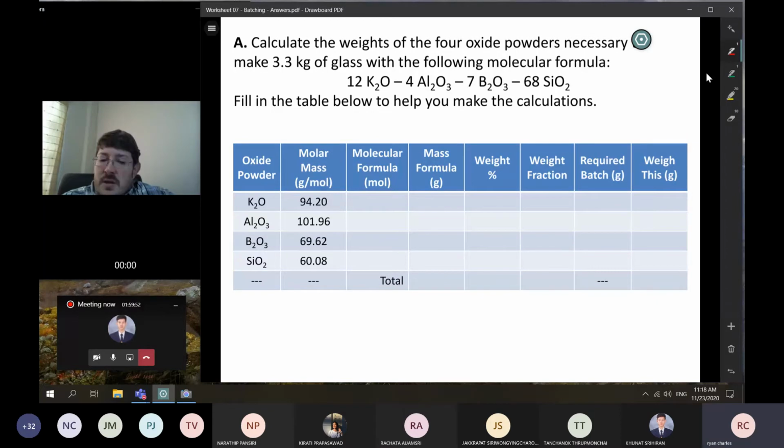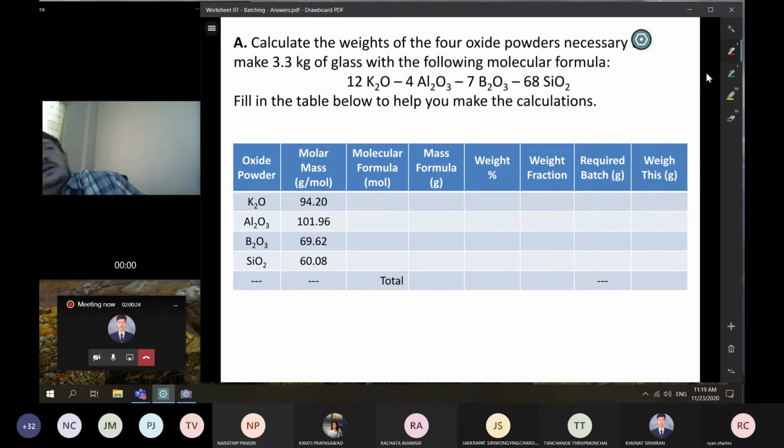But this is similar logic to how you might batch together other materials like concrete or cement, right? You have some recipe, and you have some math that you can use to manipulate the recipe to make it bigger or make it smaller, or to account for things which might lose or gain material.